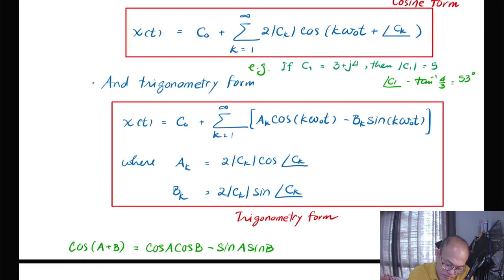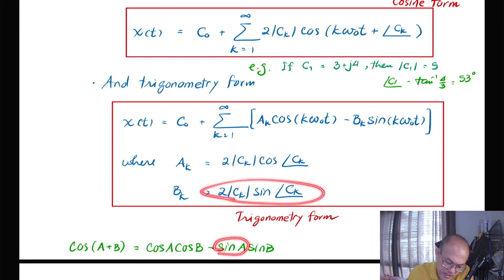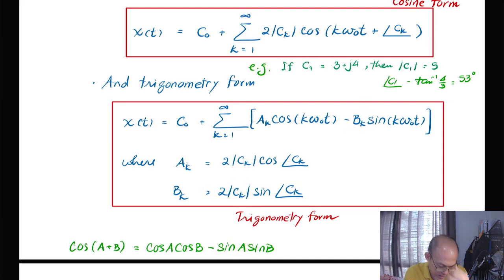Using this formula, you see that ak, which is the amplitude of the cosine part, is equal to 2 times the magnitude of ck times the cosine of the phase of ck. So that is this, and the sine part is this, that is bk. So we got that, and this is in a trigonometric form.